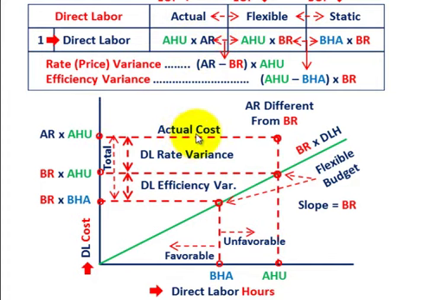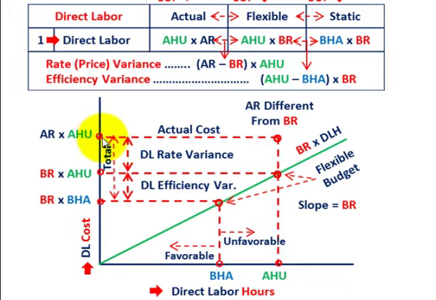I'm showing it as unfavorable, or a higher rate, but this actual rate could actually be below the line. The only point is that the actual rate is different from the budgeted rate, so it's not on our flexible budget line, or green line.